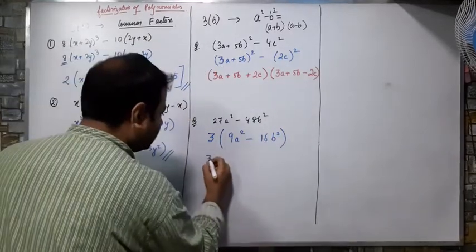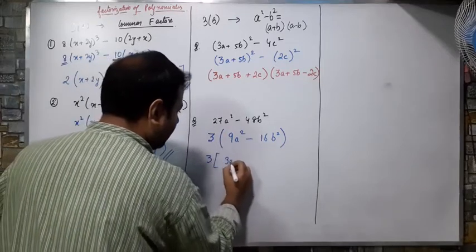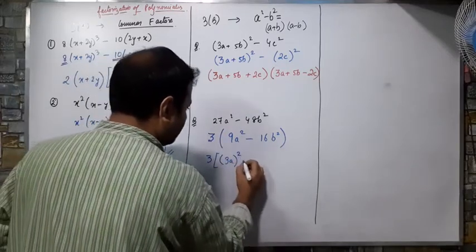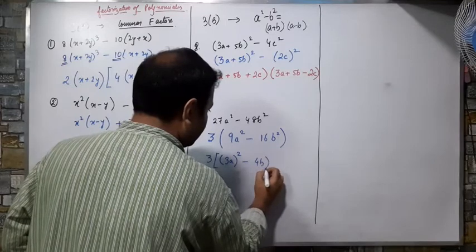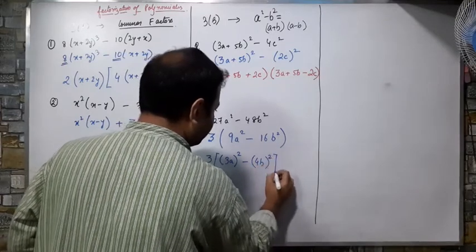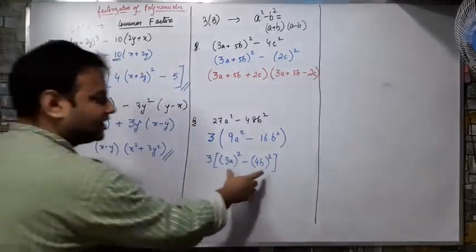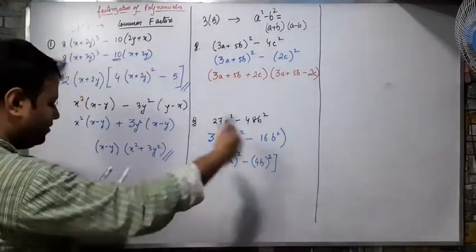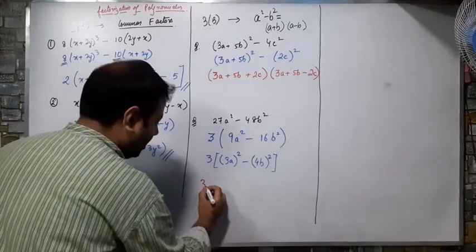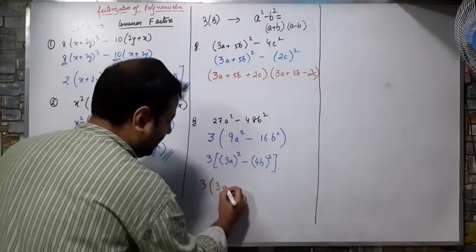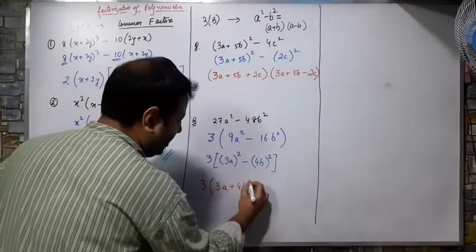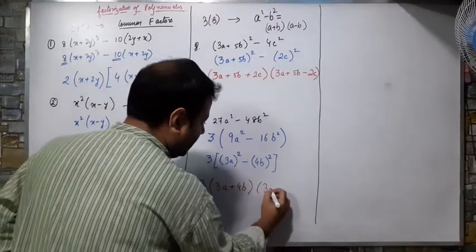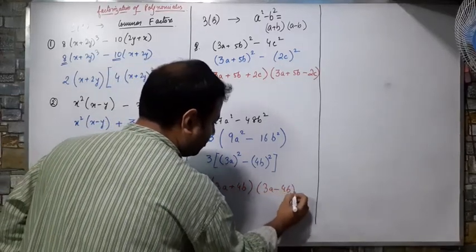Then I will be getting 3(3a whole square minus 4b whole square). Now it is in the term of a square minus b square. Then I will write once plus and once minus. What will I get? 3 bracket (3a plus 4b) and (3a minus 4b).